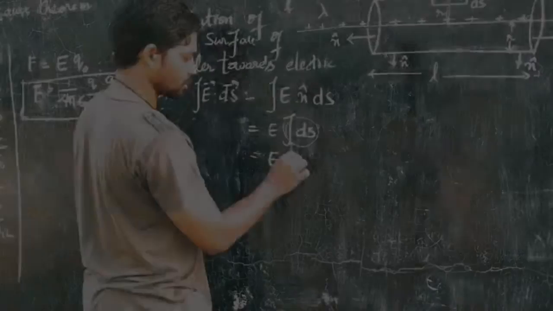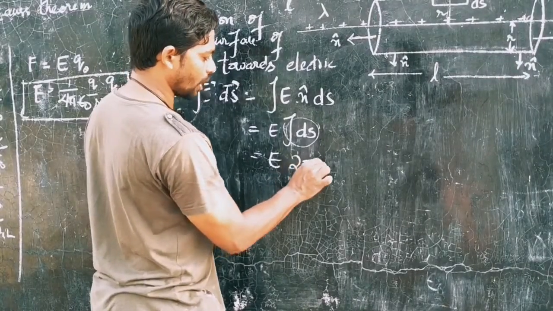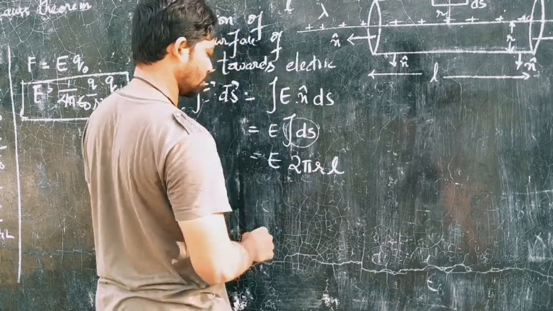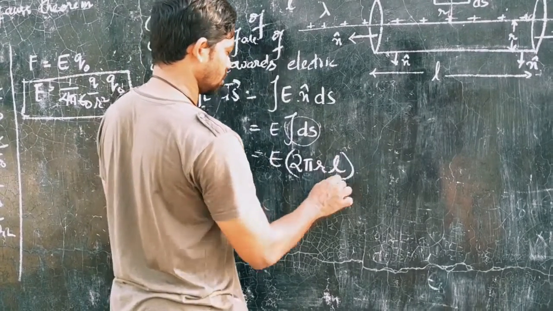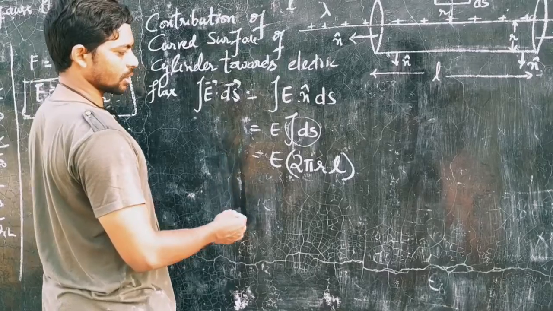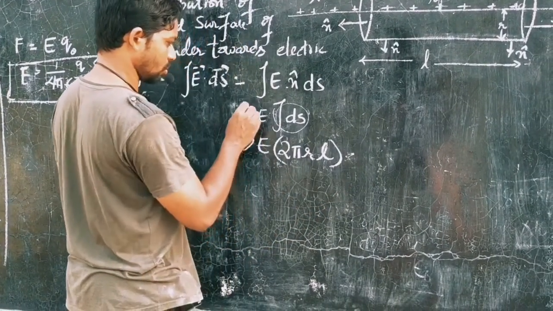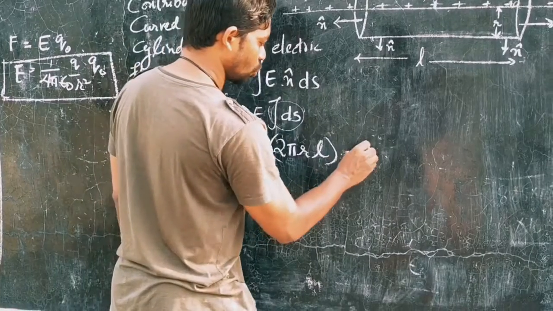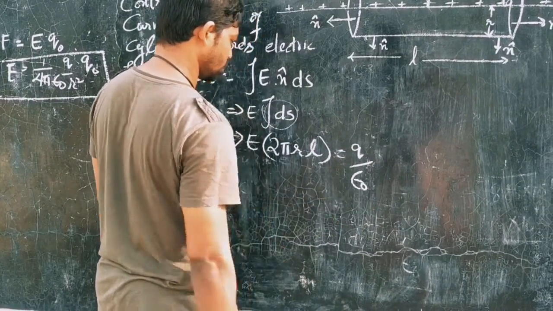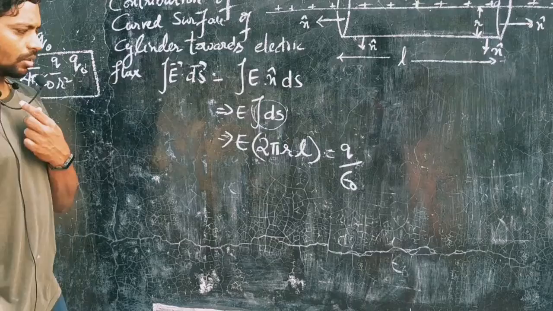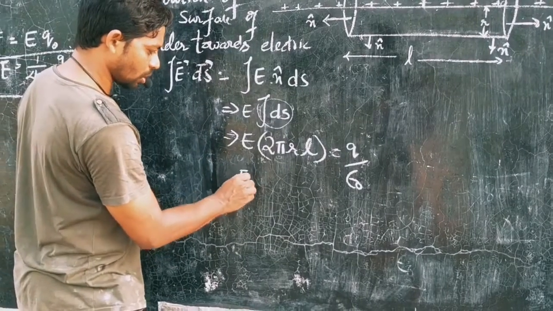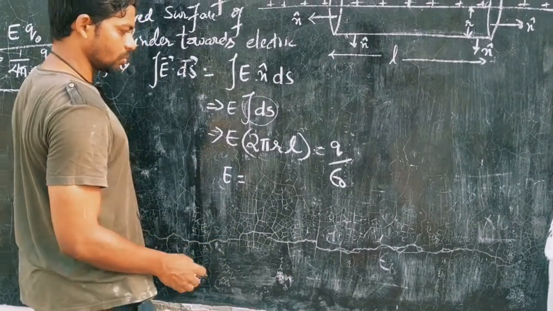So the value is 2 pi r L, which is equal to q by epsilon naught. Right. So now we got the value. E is equal to.